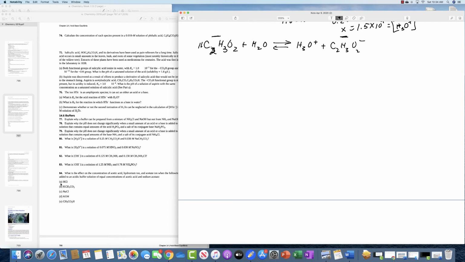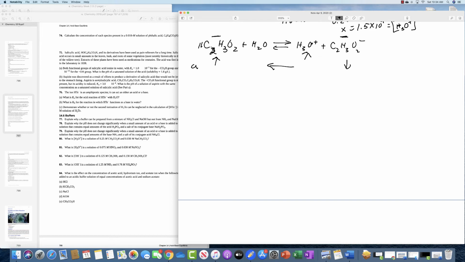So if we add HCl, that's a strong acid, which adds hydronium ion here. It will shift everything this way so that this increases. And because this has to be consumed in order to do this, this will decrease.